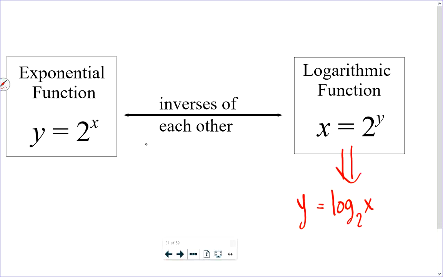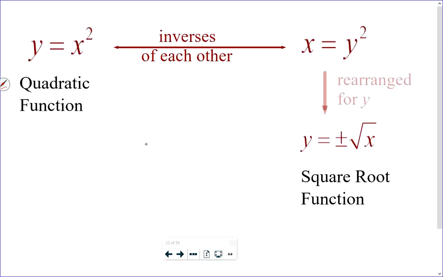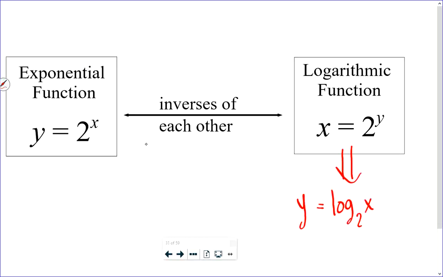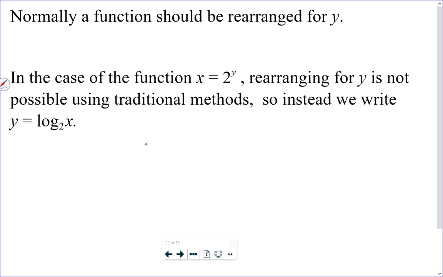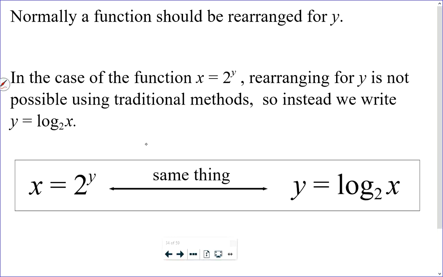Just like x equals y squared is written as y equals plus or minus root x. It's a way to communicate the opposite operation or the inverse operation. So when we rearrange x equals 2 to the y, for y, we get y equals log base 2 of x, or the base 2 logarithm of x. And I want to talk about how that's written, first of all.